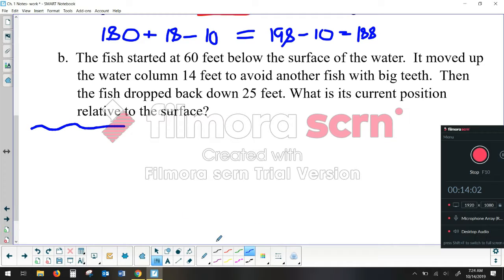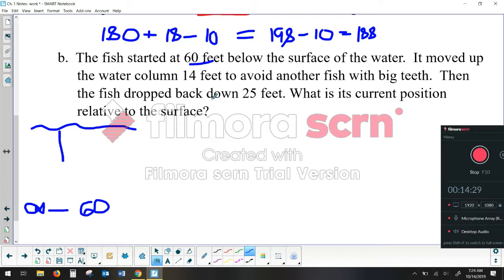So, here's our really great fish. Our fish was right here. He's swimming at 60 feet. It's a really bad fish, but I tried. So, our fish is swimming at 60 feet below the water.